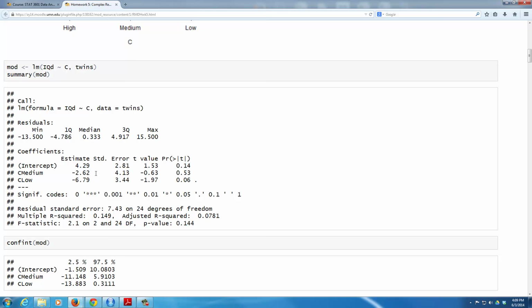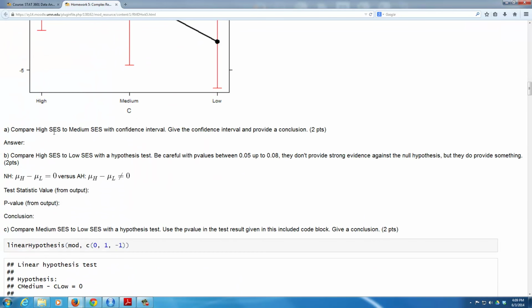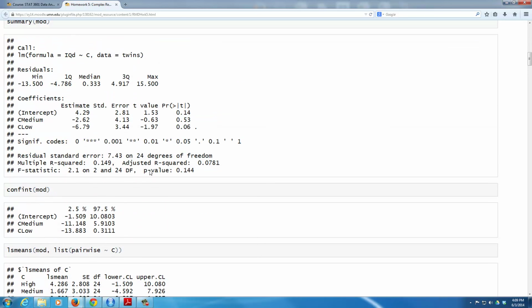The thing to be careful with is this number that's given right here is for medium minus high. And I'm asking you in the homework problem for high minus medium. So please make sure that when you use the confidence interval output, you have the confidence interval boundaries for high minus medium and not medium minus high.